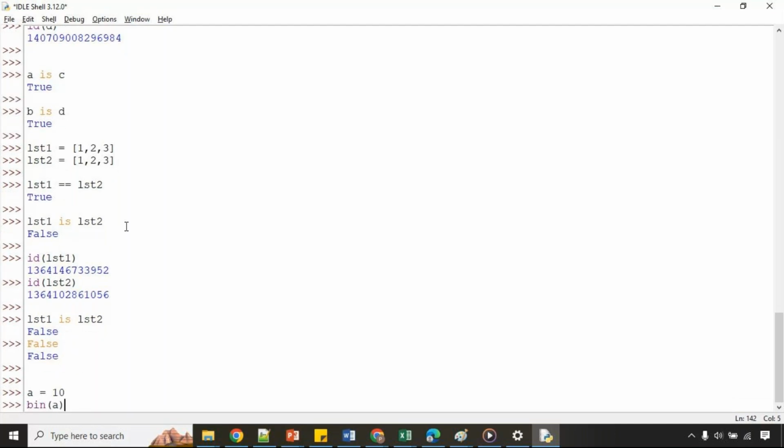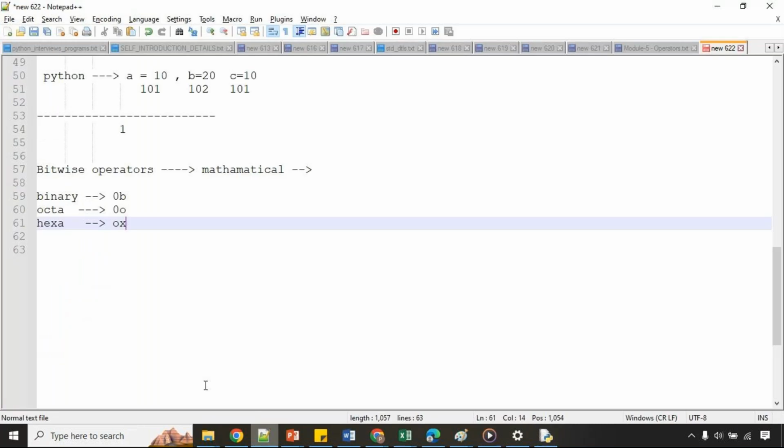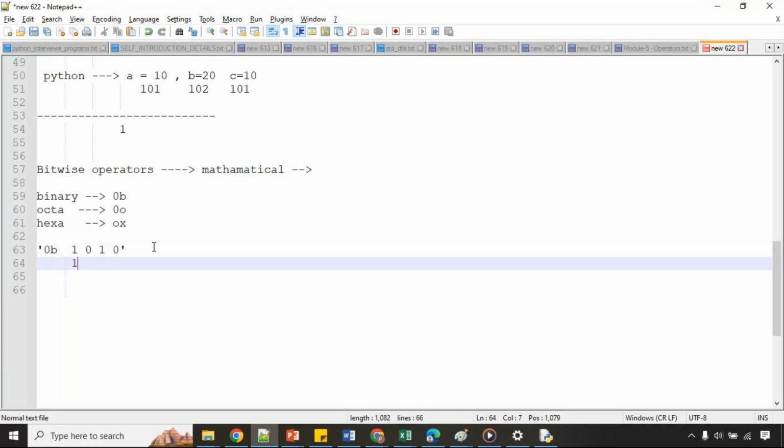Binary of a, 0b. Guys, this is completely mathematical. If you are able to understand, well and good, otherwise don't worry about this one. 2 power 0 plus 2 power 1 plus 2 square plus 2 cube. So 8 plus 2 is 10. This is the binary number.